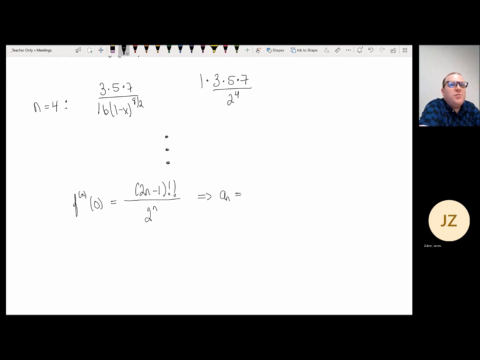That means the general term of our series, the a sub n, is that, right? It's the nth derivative divided by n factorial. Can that be simplified?